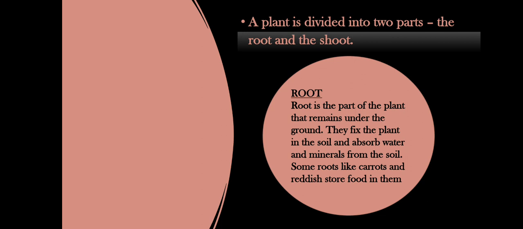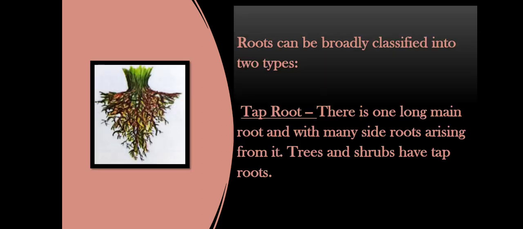Now the next is types of root. Roots can be broadly classified into two types. First is taproot. There is one long main root with many side roots arising from it. Trees and shrubs have taproots.